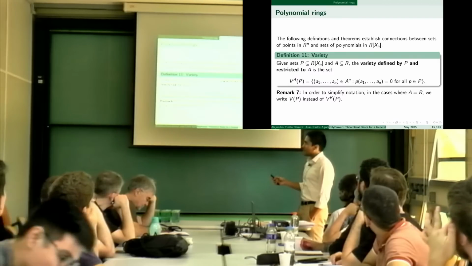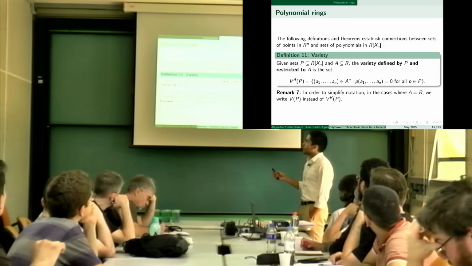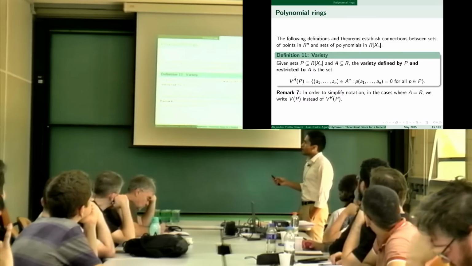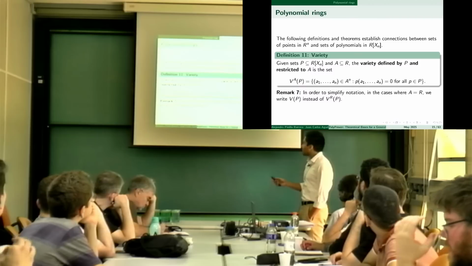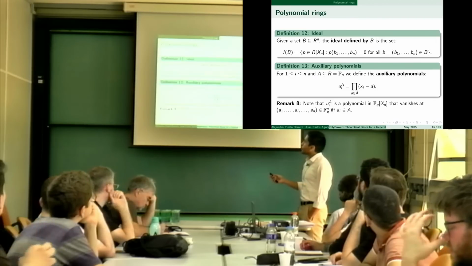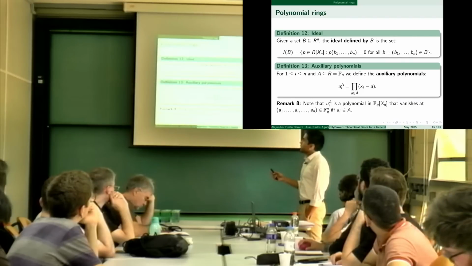To simplify the notation, if this subset A is equal to the ring, we can just express the variety in this way. Okay? And with the variety comes the idea of the ideal. Okay?